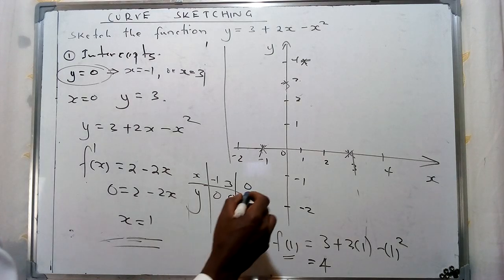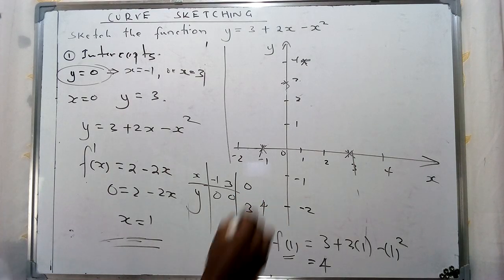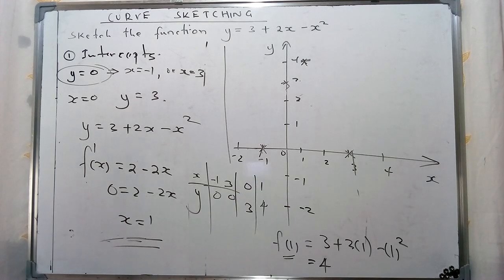So we include that the value of the function is equivalent to 4 when x is equivalent to 1, and this forms our maximum point.